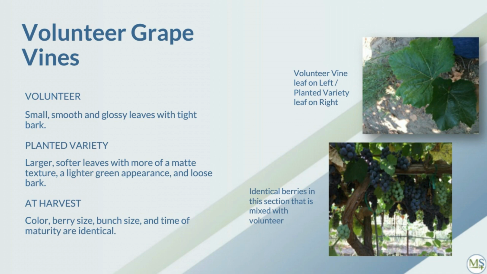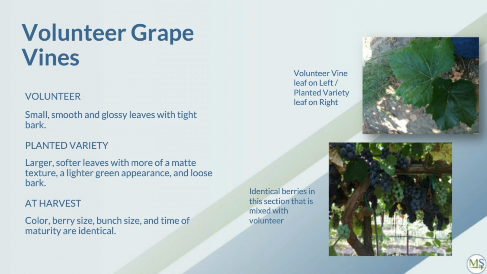The issue is that sometimes when you graft on a desired variety onto that rootstock, the graft will fail, and the rootstock will actually produce a shoot, and it'll produce grapes that are undesirable. So a variety that is not desirable, that probably tastes bad, that's poor quality, that's going to decrease the value of your harvest.